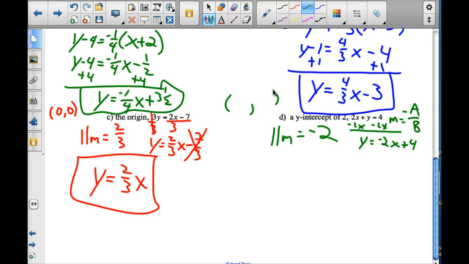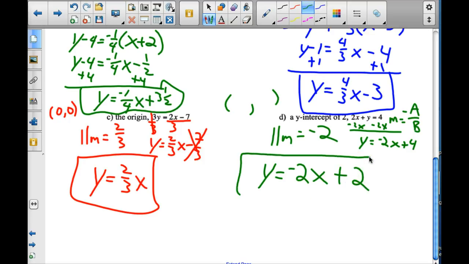What I'm saying is you already know the point, you already know the slope, and you already know the y-intercept. So what's the equation? Y equals -2x plus 2. You don't even have to solve. Guys, y-intercept of 2 is the same thing as the b.